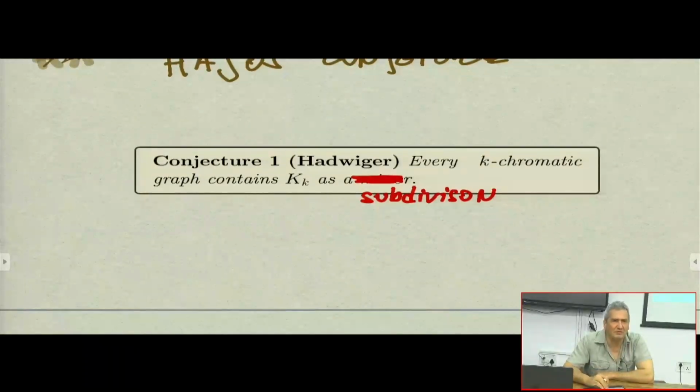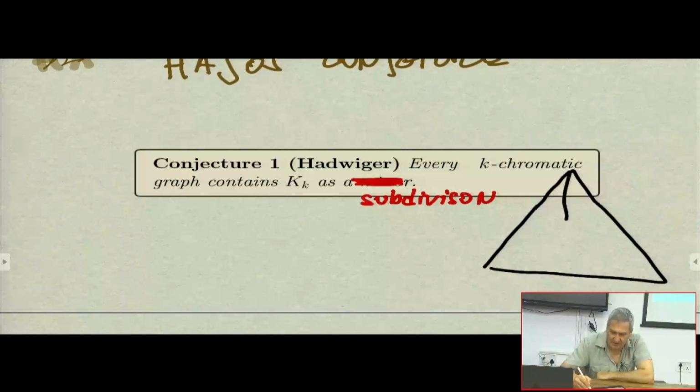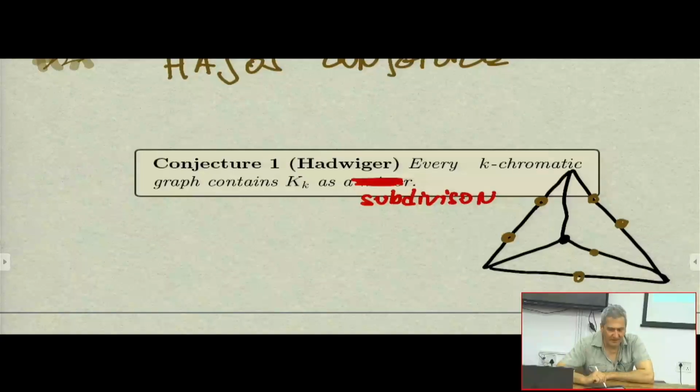Do we know what a subdivision is? Let's say a subdivision of K4 can be K4 itself, or we put some extra vertices. This is a subdivision of K4. This is a much stronger form of the conjecture.